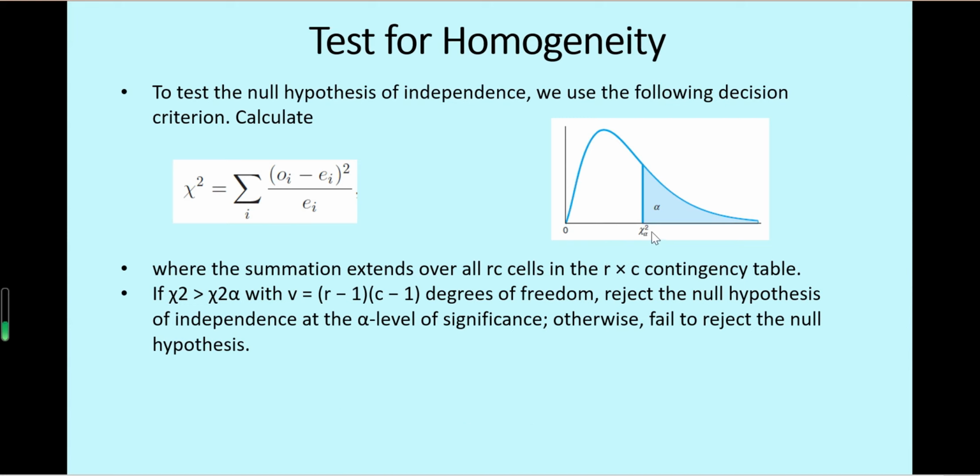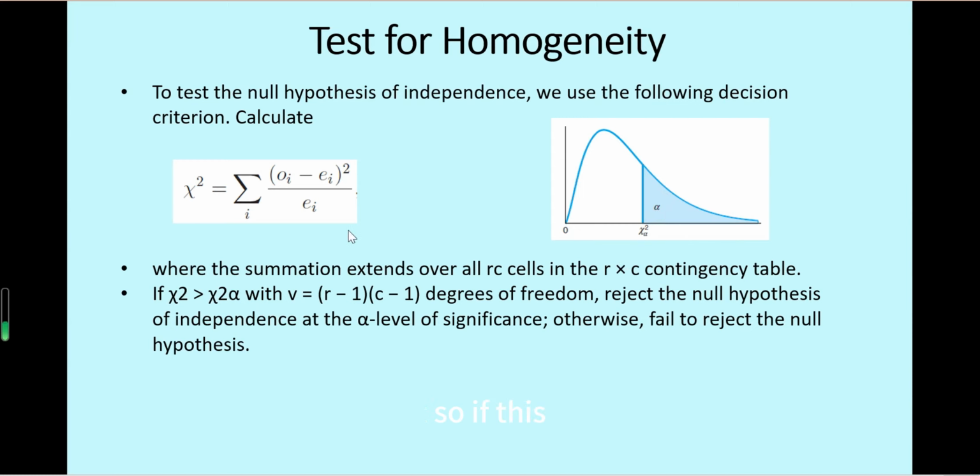If this sample statistic is larger than the critical value, usually we set alpha at 0.05, which means this critical value in the chi-square distribution will leave 0.05 area on the right. So it's quite a small area.